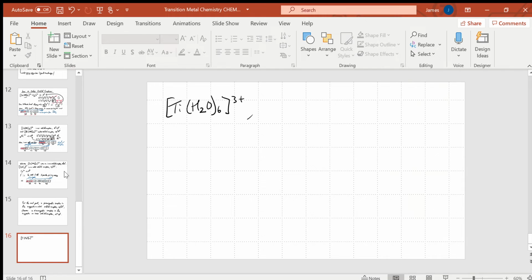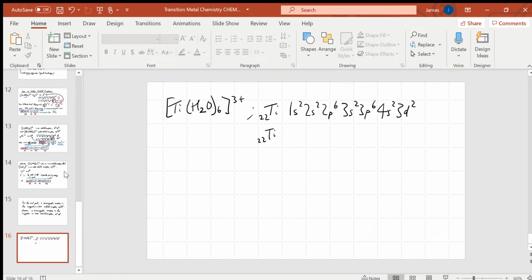We've got titanium with 22 electrons. That would be 1s2, 2s2, 2p6, 3s2, 3p6, 4s2, 3d2.